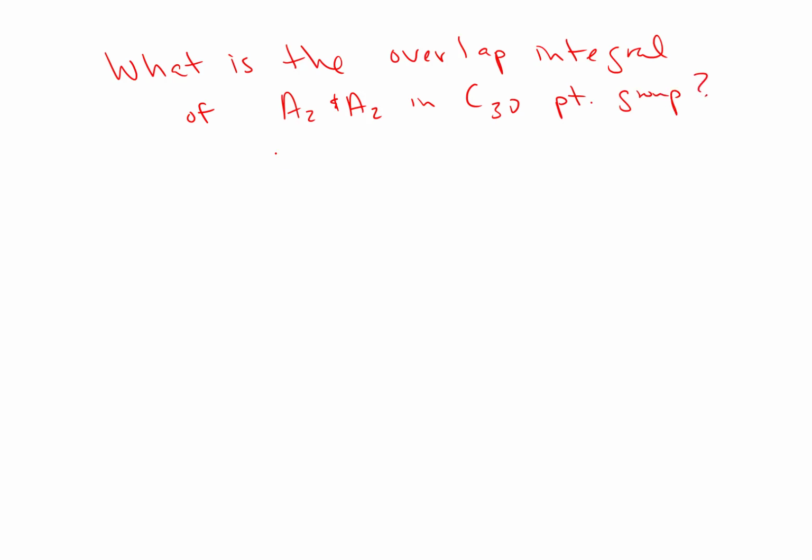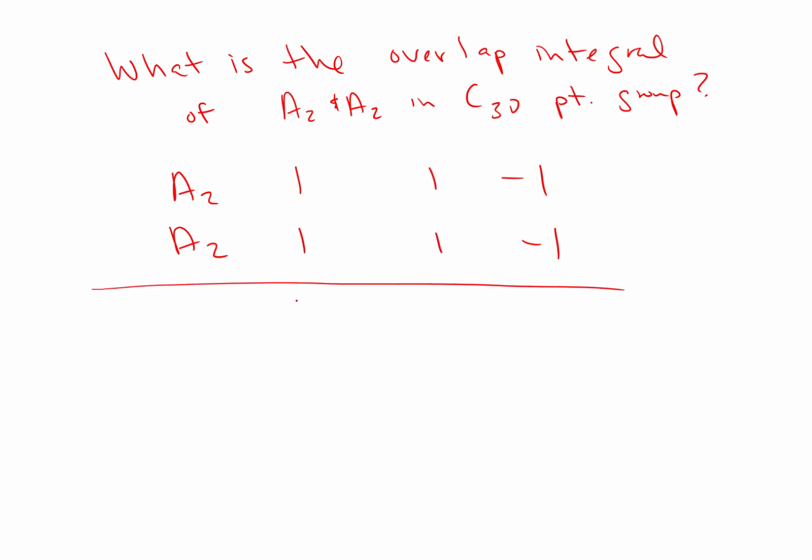Let's make these identical. From A2 and A2, we look in our character table and we notice that it's 1, 1, negative 1. They're identical, so it's 1, 1, negative 1. Create our line. We've got our products. We can see that the product is 1, 1, 1, which is equivalent to A1, the totally symmetric symmetry species.